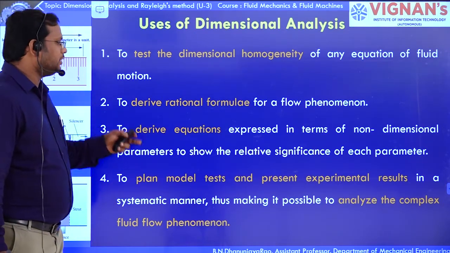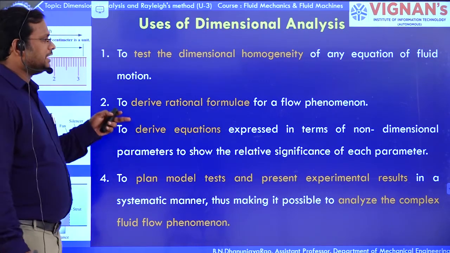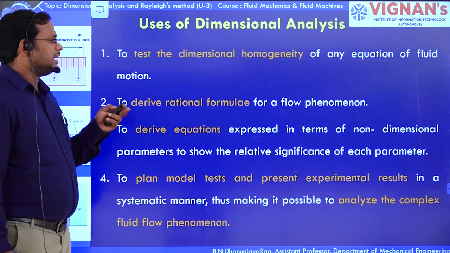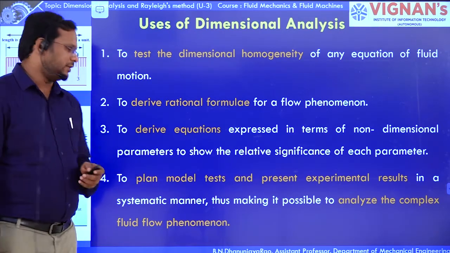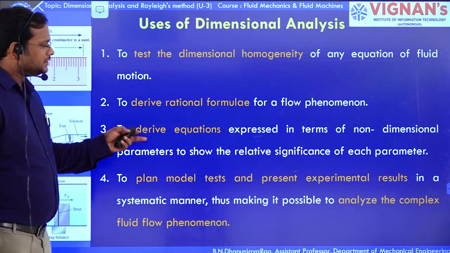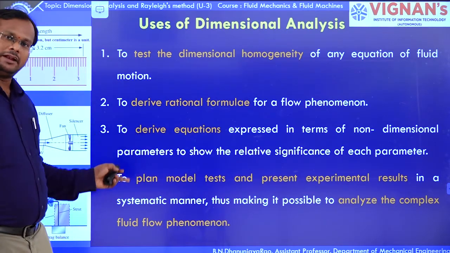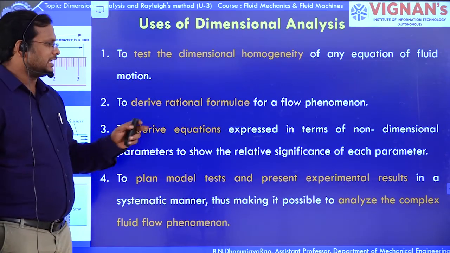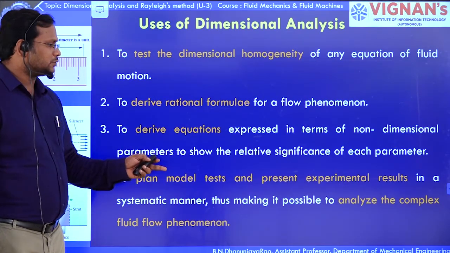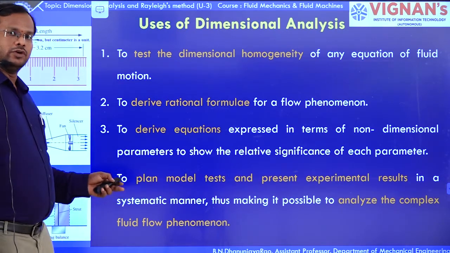Third, to derive equations expressed in terms of non-dimensional parameters to show the relative significance of each parameter. Fourth, to plan model tests and present experimental results in a systematic manner, thus making it possible to analyze complex fluid flow problems.